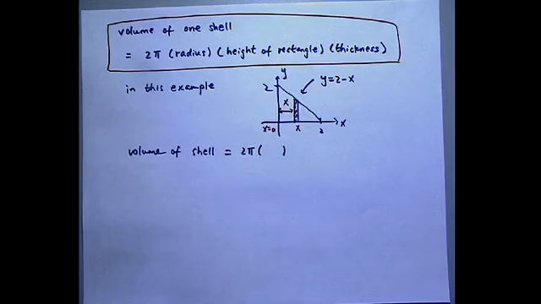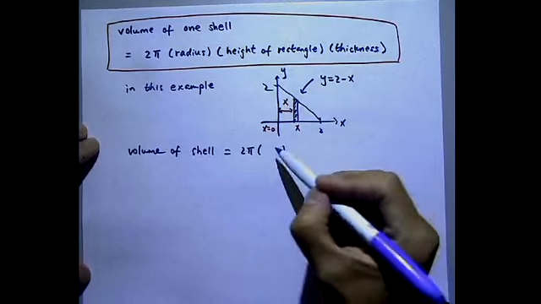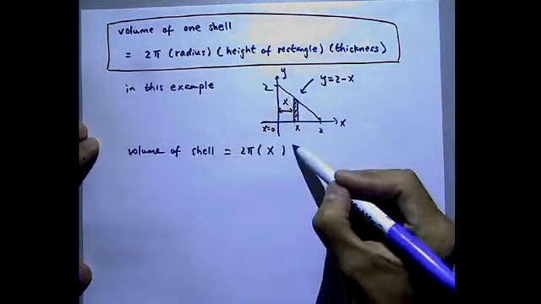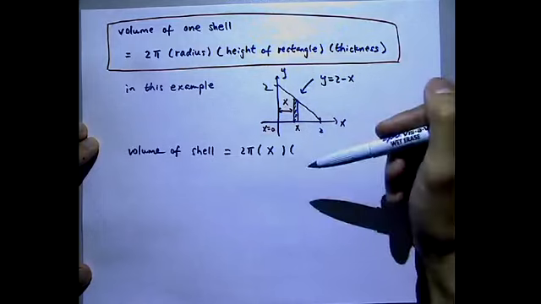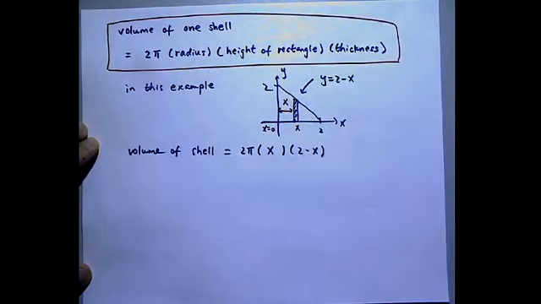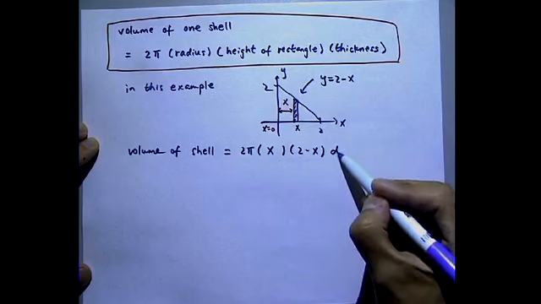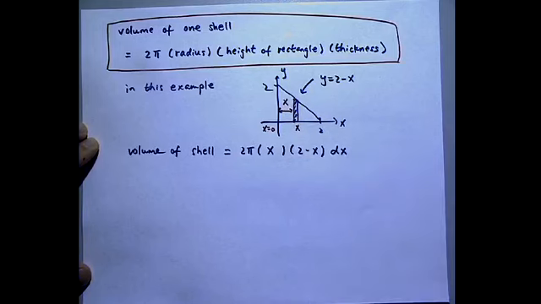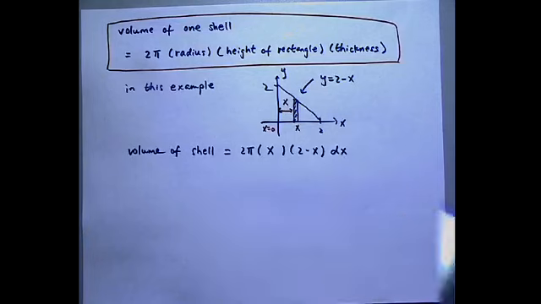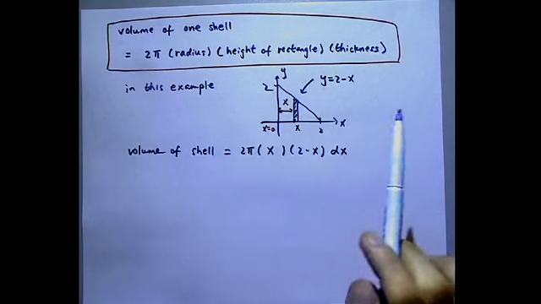Make sense? Good? Good with the radius? So that's x. Height of rectangle, what would that be? Yeah, top minus bottom, so 2 minus x. Thickness, dx, yep. So that's one shell. And we want a whole bunch of these shells.